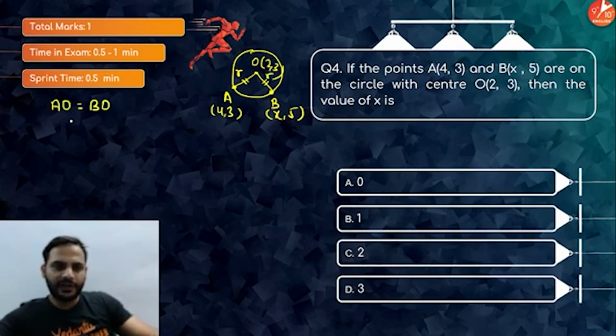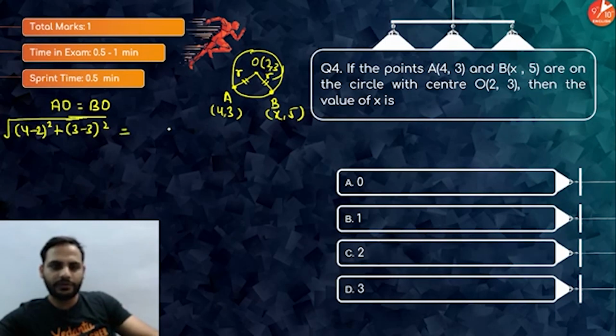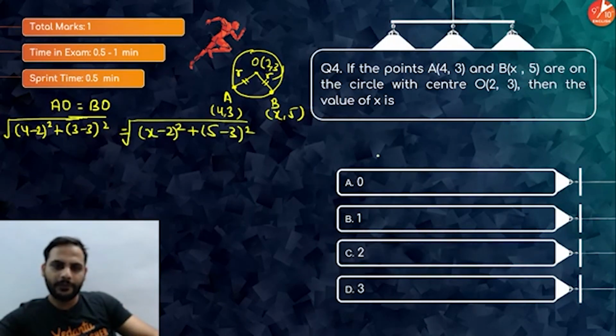Use the distance formula. So I can say square root of (4 minus 2) whole square plus (3 minus 3) whole square, this distance AO, is equal to square root of (x minus 2) whole square plus (5 minus 3) whole square.